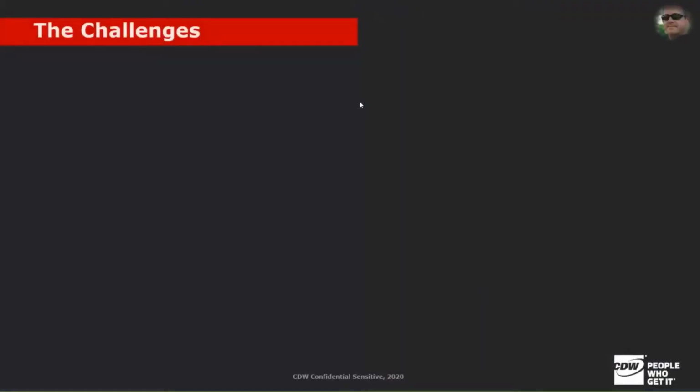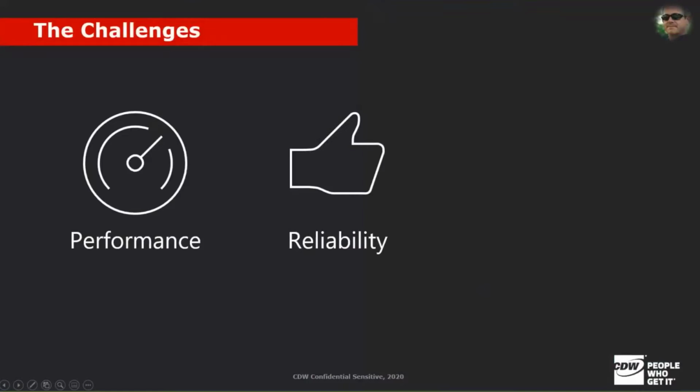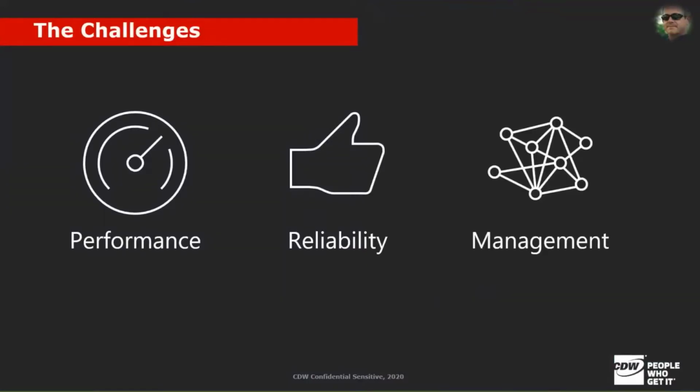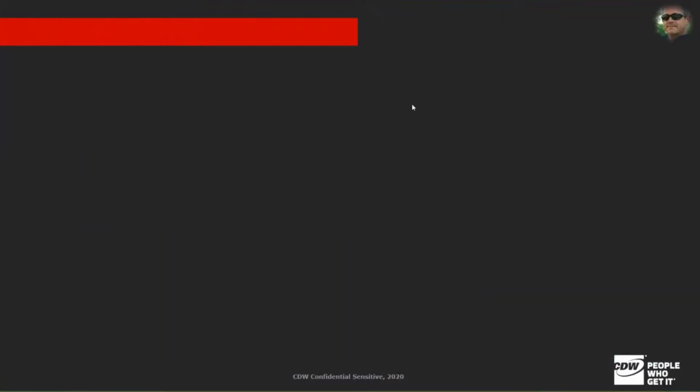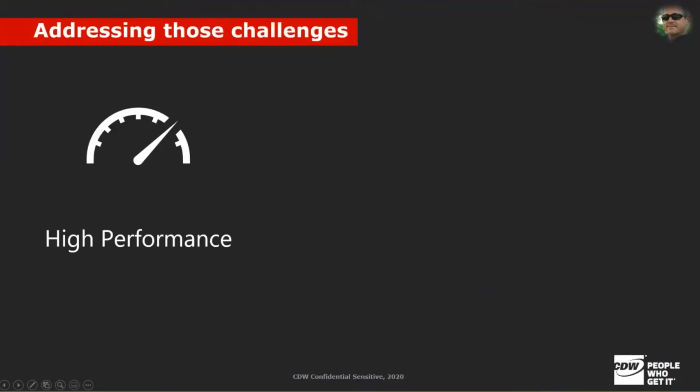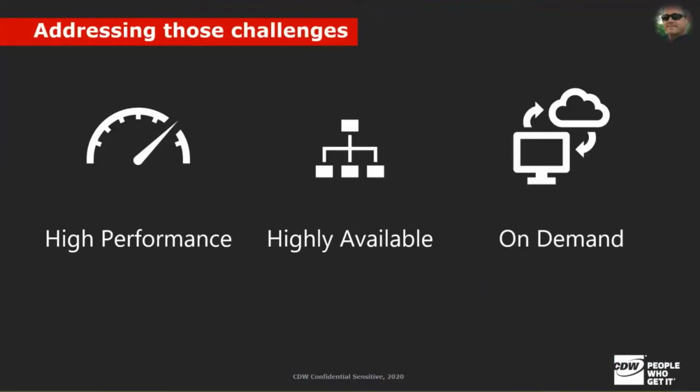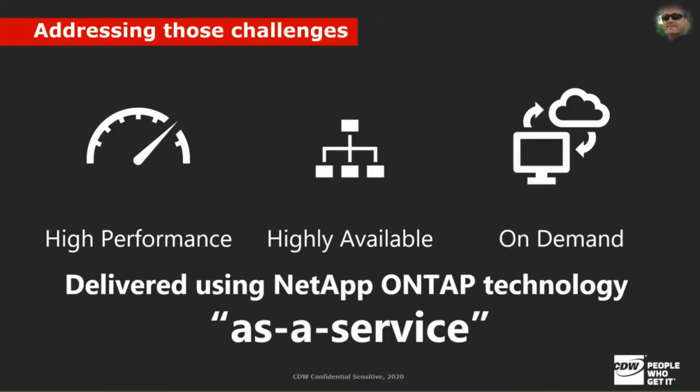Yeah, good afternoon, everybody. So Azure NetApp Files is a way that customers can look to address a few challenges, primarily performance, reliability, and management. For performance, Azure NetApp Files has 3 tiers to call upon. You have your standard, your premium, and your ultra tiers, and they have various performance levels between them.